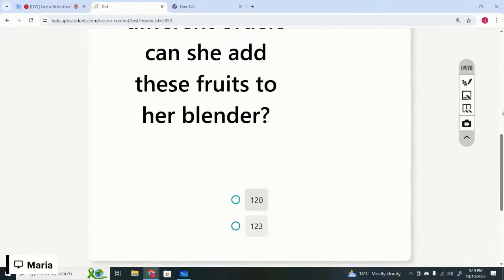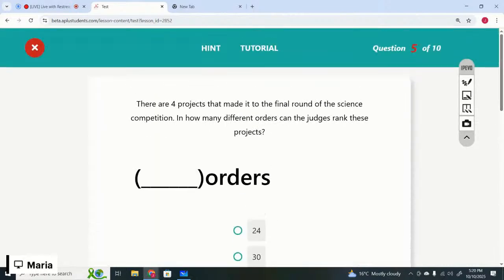That is 120. Option number one is the correct option. There are four projects that made it to the final round of the science competition.